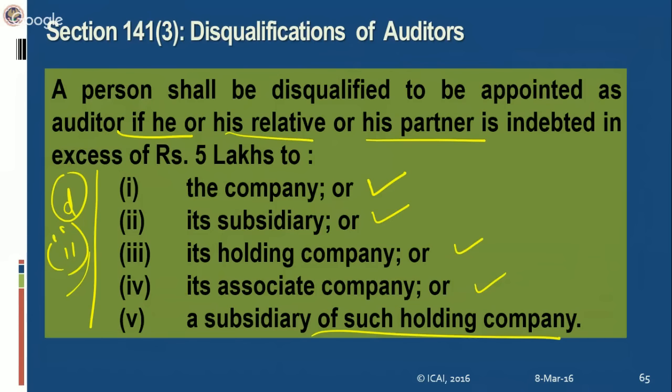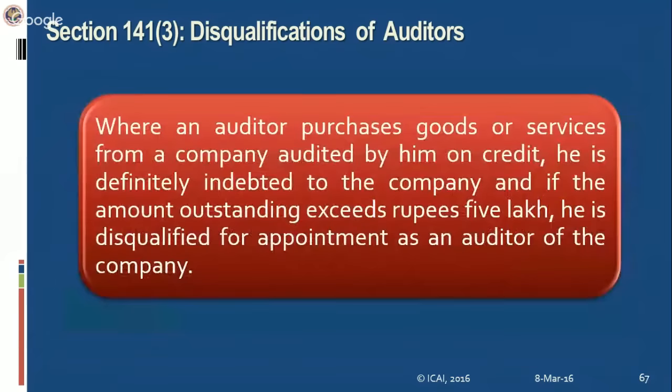3D1 is clear: holding of any security. 3D2: indebted to. And 3D3 is given any guarantee.